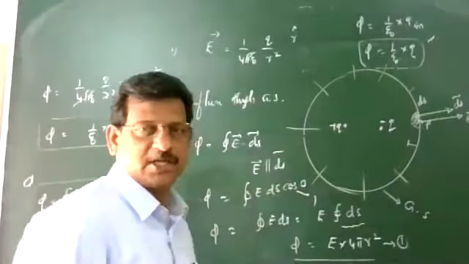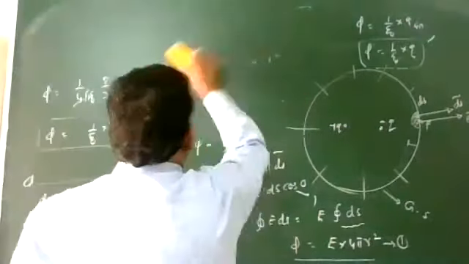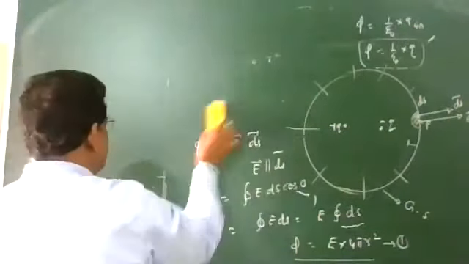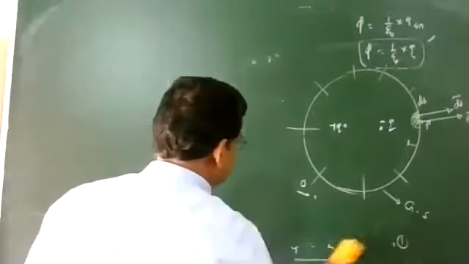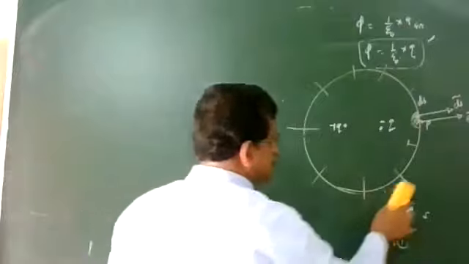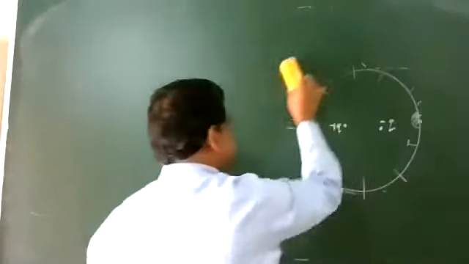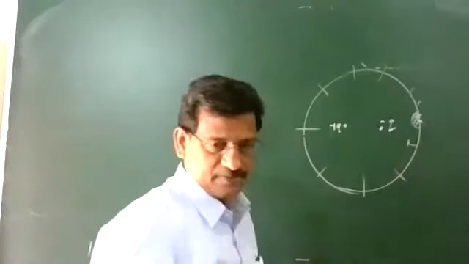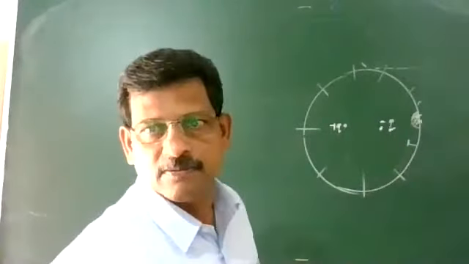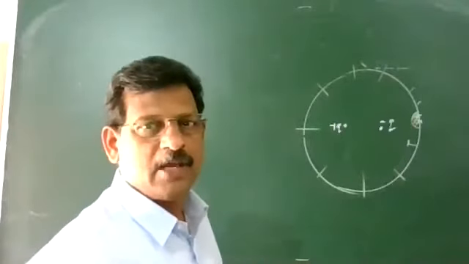What is the flux through the surface? You have a surface here, and plus Q and minus Q charge is kept here. What is the flux through the surface? 0. The value will be equal to 0.